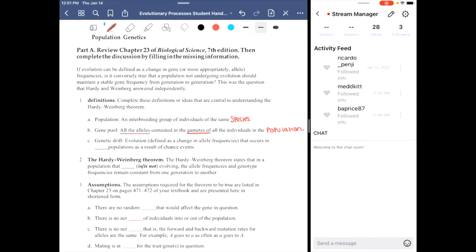Then genetic drift is evolution, which is defined as the change in allele frequency. So this is what evolution is defined as. And that evolution occurs in a small population, as a result of chance events.